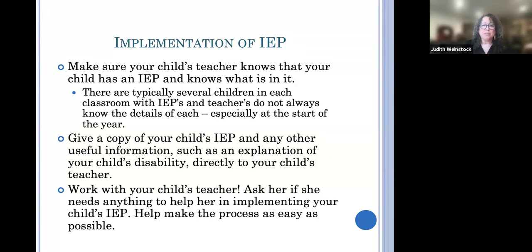Because if your child's not making progress with the current program, then there needs to be changes made. And if your child hasn't made progress or has made minimal progress, and the district moving forward wants to remove some of the services and interventions, they have to demonstrate through the data, through the reporting, that your child has either mastered the goals and objectives that are in the IEP or has made meaningful progress.